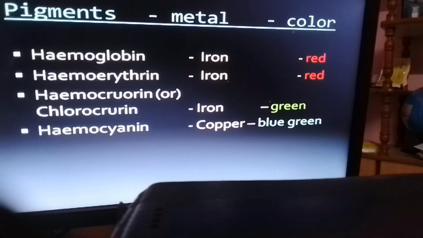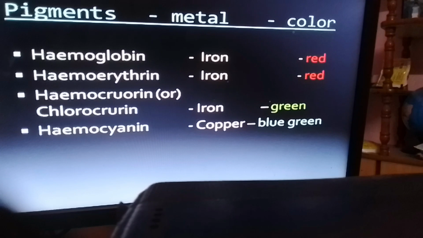Now hemoglobin, the very familiar one, has a metallic component as well as a protein component. Not only this, all the respiratory pigments do. In hemoglobin, the metallic component is iron.